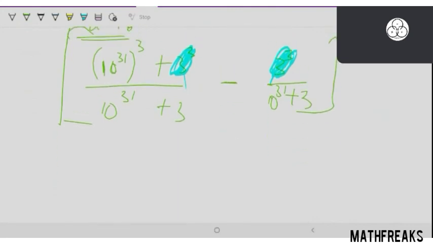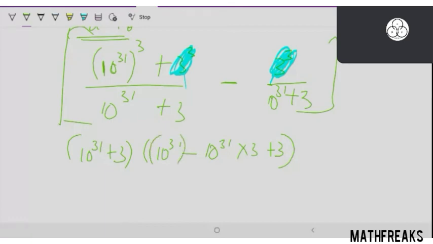Now using this a cube plus b cube formula, the very simple formula, we get 10 to the power 31 plus 3 into 10 to the power 31 squared minus 10 to the power 31 into 3 plus 3 squared, divided by 10 to the power 31 plus 3.